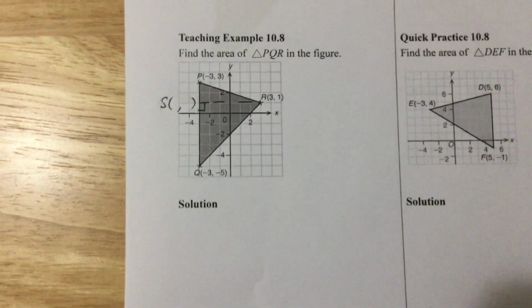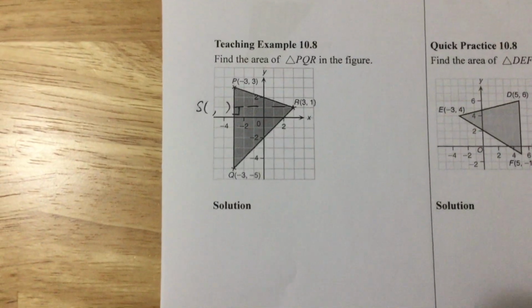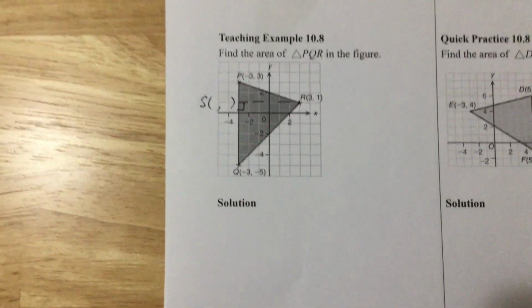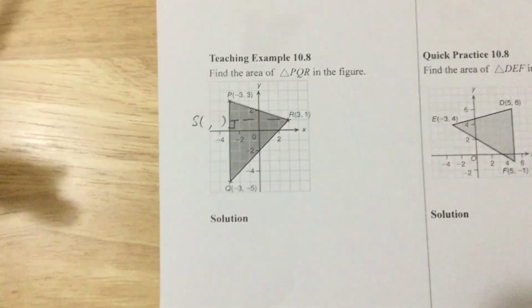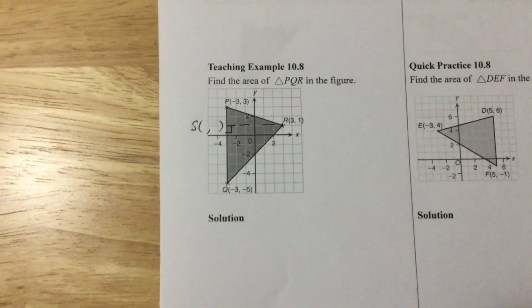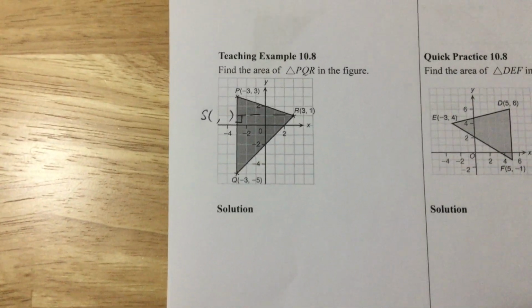So we are going to find out the coordinate of S before we find the area, because S and R will make the height of this triangle. We have PQ as the base and RS as the height. So I give you 15 seconds. Please tell me the coordinate of S.